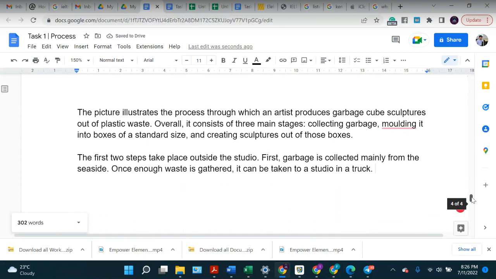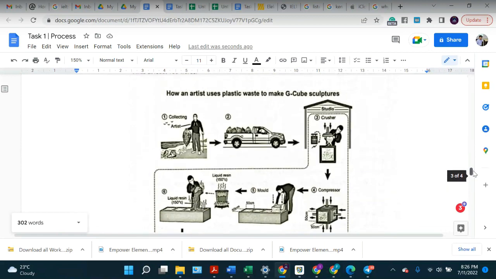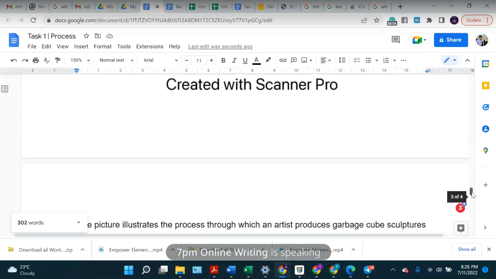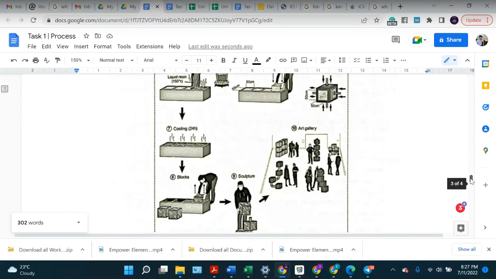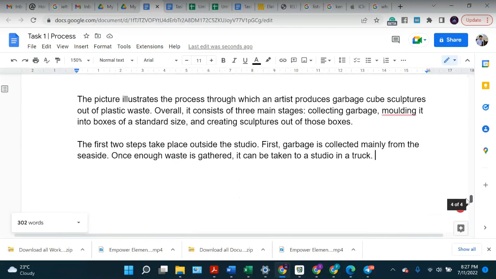And if you could add something that would connect it to the next part. Maybe something like it can be taken in a truck to a studio where it can be processed.